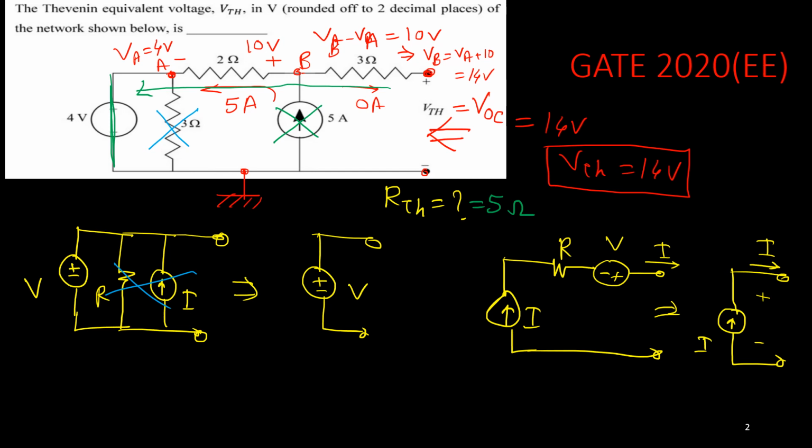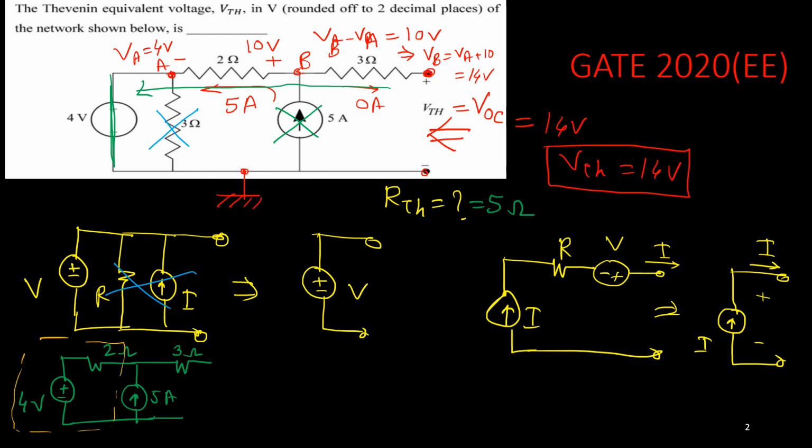And if you use source conversion, then also we can get this. First we will remove this 3 ohm, and we'll work with this 4 volt source and this 2 ohm resistance. Then there is one current source of 5 ampere and one resistance of 3 ohm. Now we can simplify this. This voltage source and resistance, we can convert to a current source with a parallel resistance, remember.